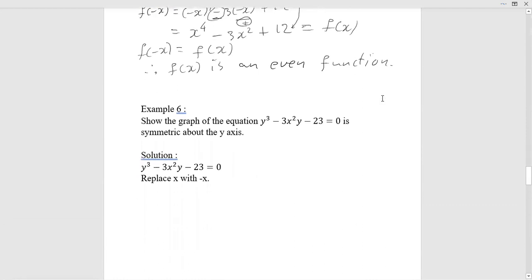Okay, example 6. Show that the graph of the equation y cubed minus 3x squared y minus 23 equals 0 is symmetric about the y-axis. How do we show it is symmetric about the y-axis? To show this, show this is even.